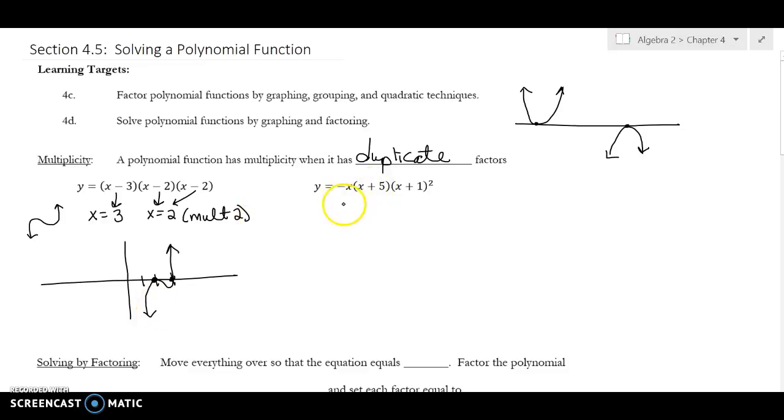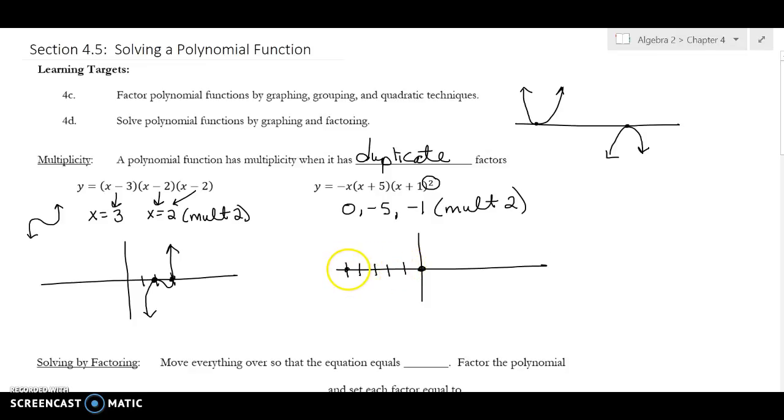And so for this one, my zeros are 0, -5, and -1 with a multiplicity of 2, because it's -1 twice because it has this exponent here. So when I graph it, it's at 0, -5, and -1.